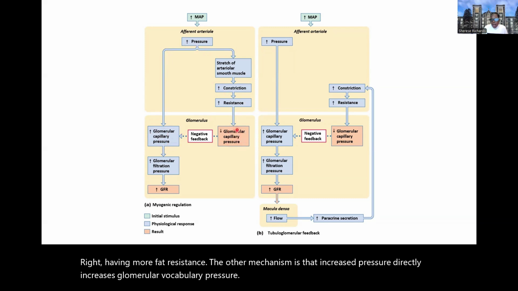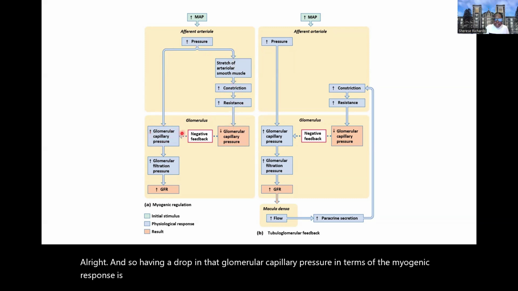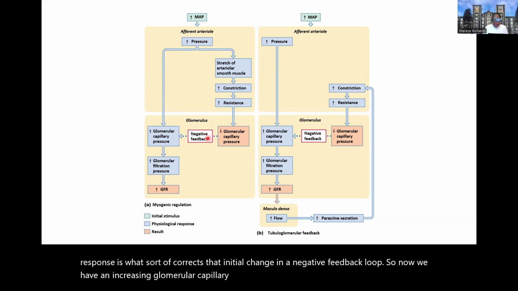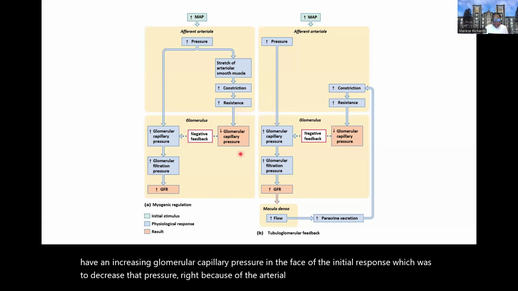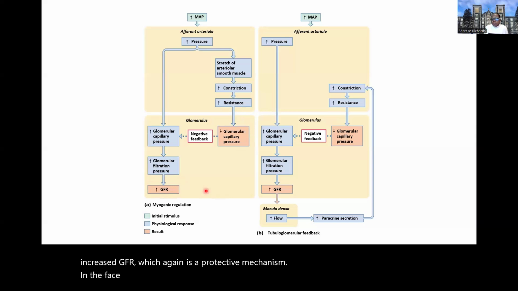And so having a drop in that glomerular capillary pressure in terms of the myogenic response is what corrects that initial change in a negative feedback loop. So now we have an increase in glomerular capillary pressure in the face of the initial response, which was to decrease that pressure, because of the arteriole response. And then that results in an increased GFR, which again is a protective mechanism in the face of increased pressure.